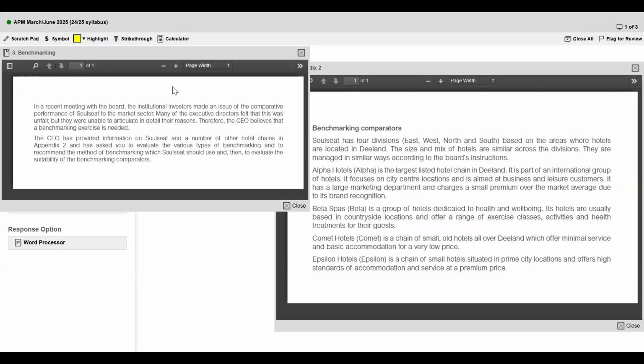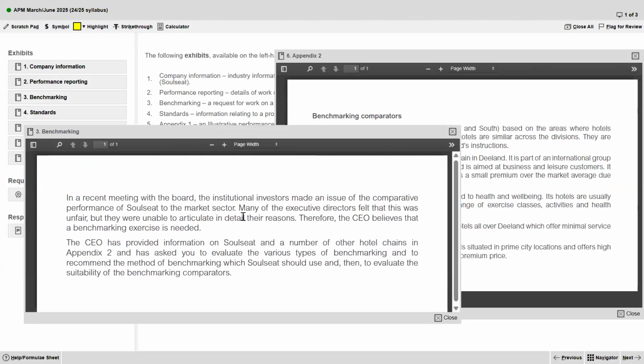Okay, let's just see. In a recent meeting with the board, the institutional investors made an issue of the comparative performance of Soul Seed to the market sector. Many of the executive directors felt this was unfair, but they were unable to articulate in detail their reasons.